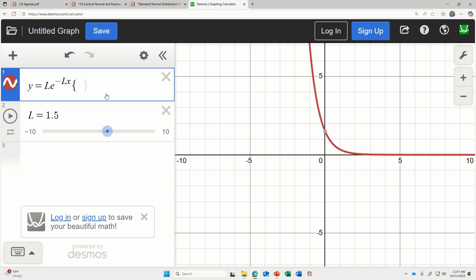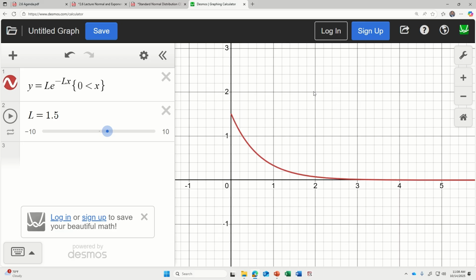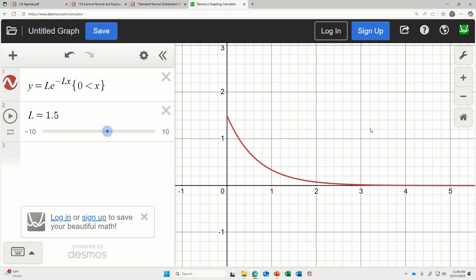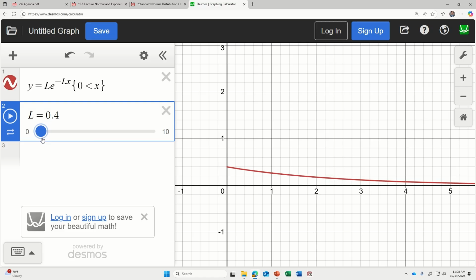It's only valid for positive values of x, because if you're talking about the time until the next fish, you're not going to have less than 0 minutes until your next fish. And so this distribution only applies for positive values of x, my random variable. And notice that whatever I choose for this expected frequency parameter, the maximum probability always happens at x equals 0.